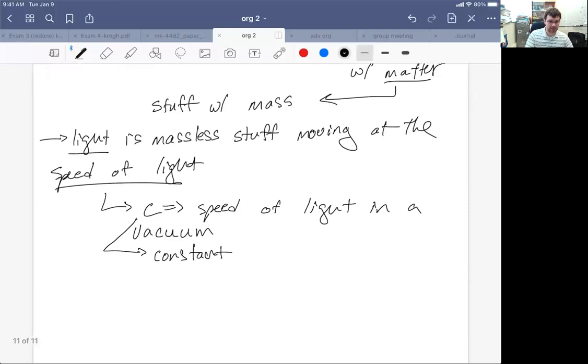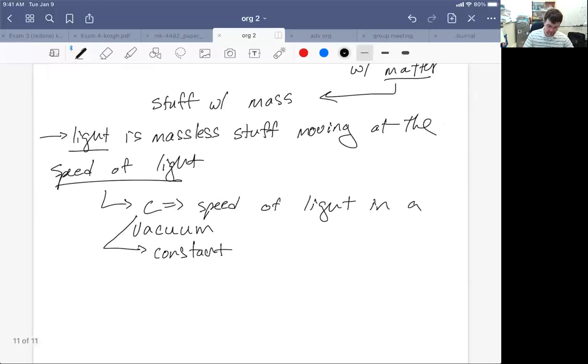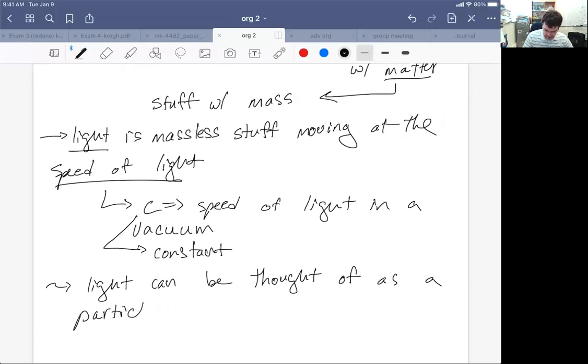So light can be considered a particle or a wave. In addition to being massless and moving at the speed of light, just some basic physics, light can be thought of or treated in terms of its physical properties as a particle or a wave.